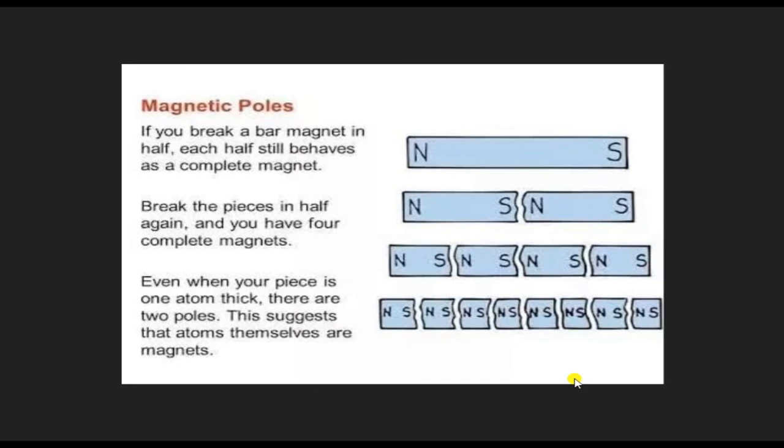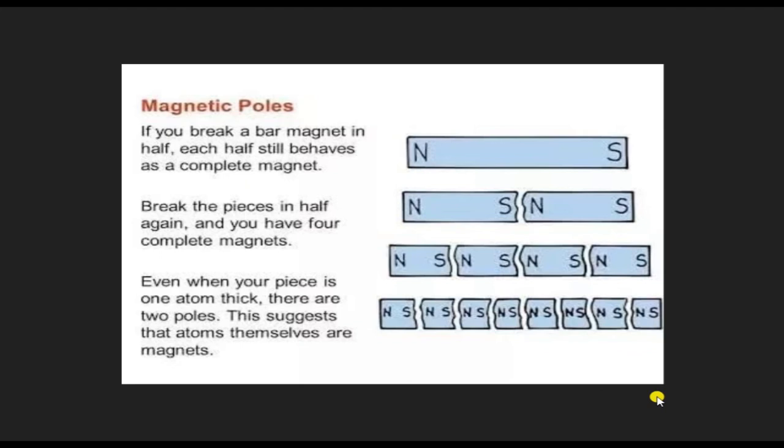Now children, one more point about the magnetic poles: if you break a bar magnet in half, each half still behaves as a complete magnet. So if we break the bar magnet into pieces, what will happen? Each piece will behave like a magnet, and each piece will develop two poles together.